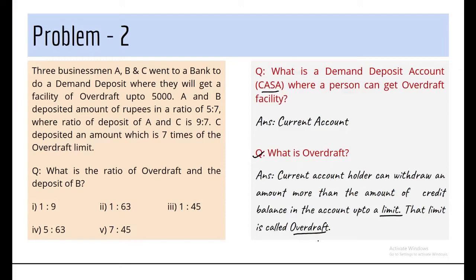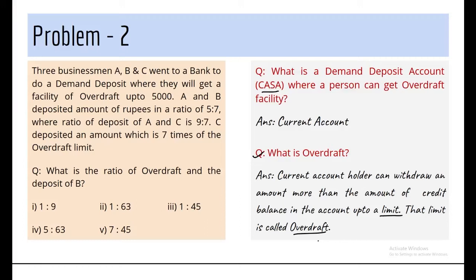Suppose you have 5,000 rupees in your account. Now you want to withdraw 10,000 rupees from your account. You can do this with the overdraft facility. Suppose you have a limit of 5,000. You can withdraw 5,000 rupees after your account balance becomes 0.